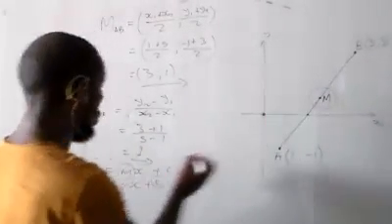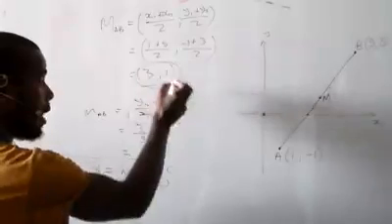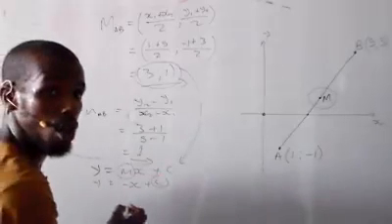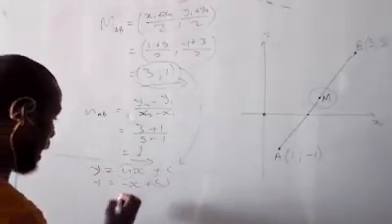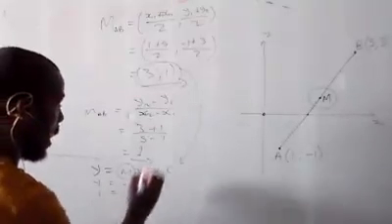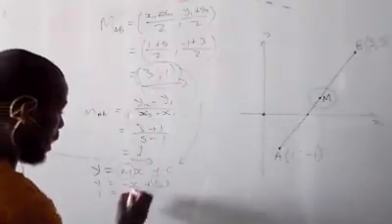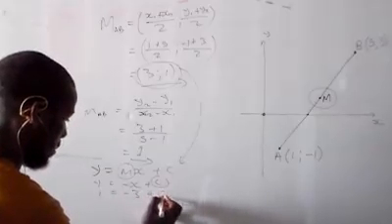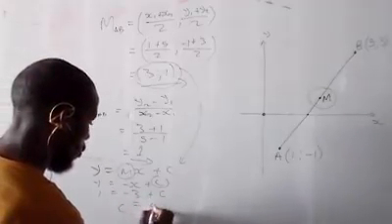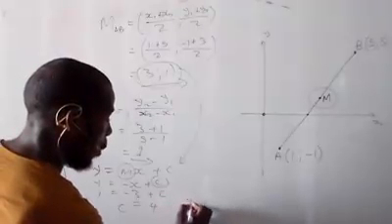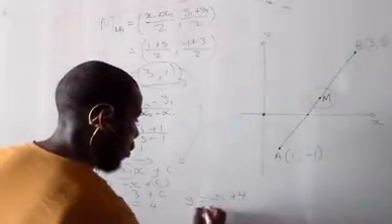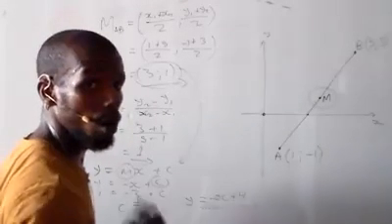Substituting the point M, which is (3; 1), into the formula of the equation of the line, our y becomes 1, and our x becomes 3, so 1 = -3 + c. Therefore, our c is equal to 4. Therefore, the equation of the line is y = -x + 4. There is the equation of the line.